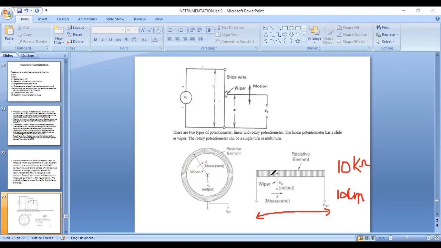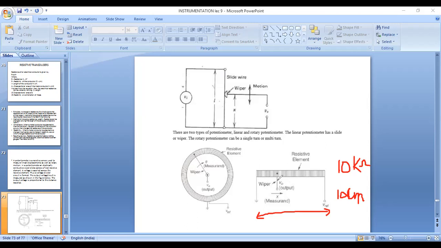Now for a potentiometer, resistance must be linearly spread. It means resistance per unit length must be constant. For example, the length of the potentiometer is 10 centimeters and the resistance is 10 kilo ohms.